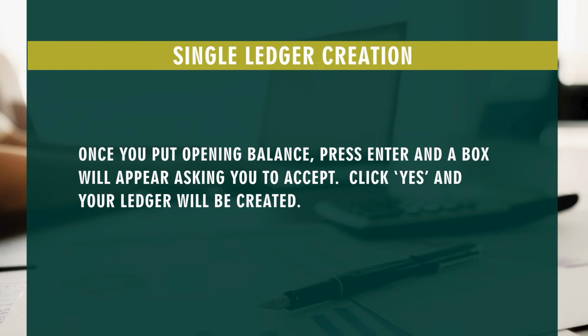If you are not satisfied or you want to make any more change, then you can press no or N from the keyboard, and then you can carry out the required changes. Since we are satisfied with the creation of this ledger, so we will press Y from the keyboard, or we will take the cursor towards yes and will press it. Once you press it, the ledger will be made.